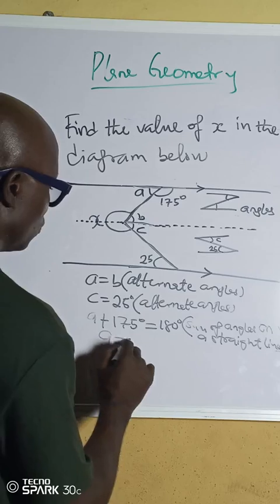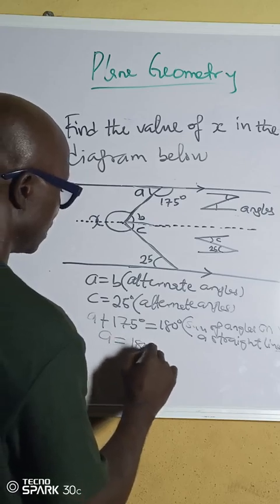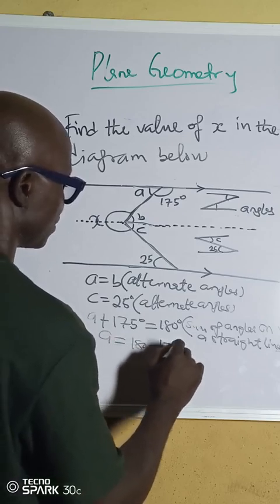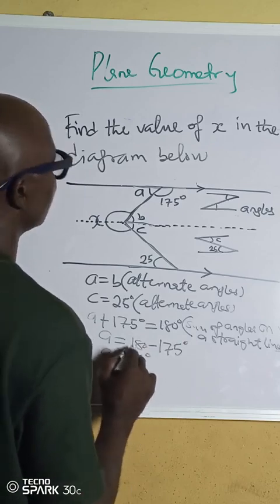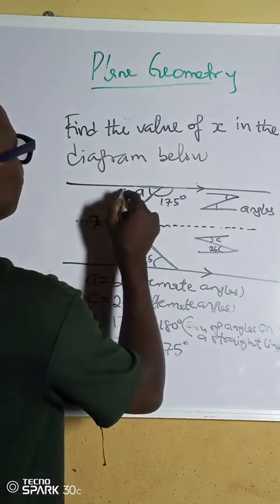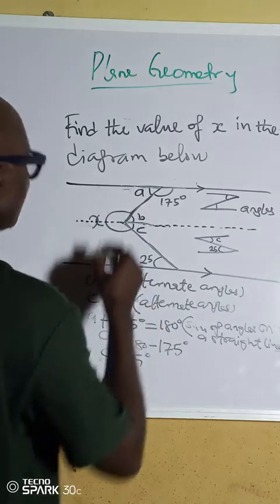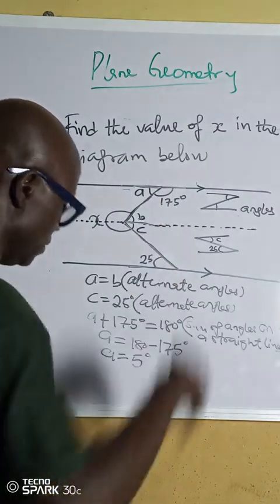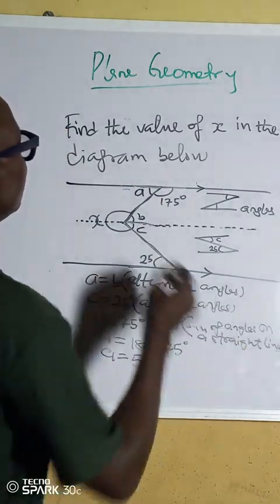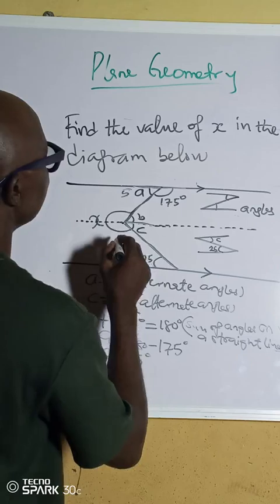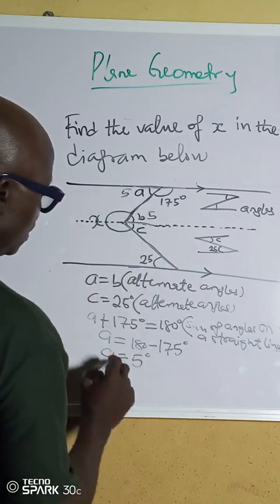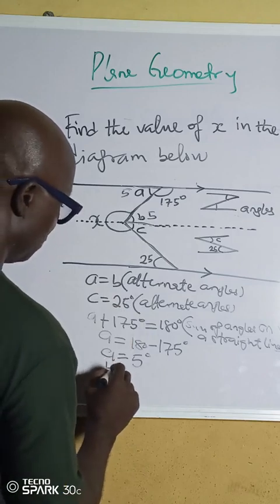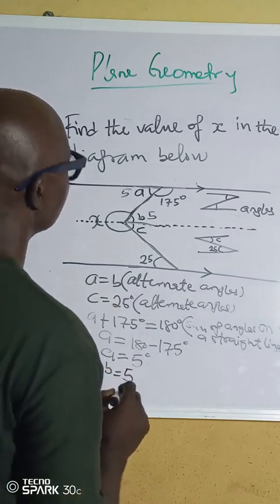Therefore, A equal to 180 degrees minus 175 degrees. A is 5 degrees. So if A is 5, B is 5 as well.